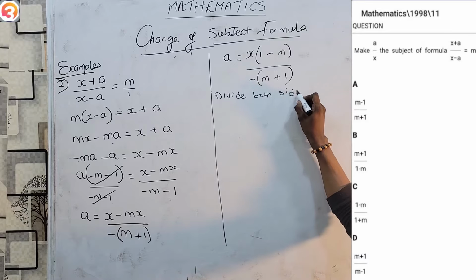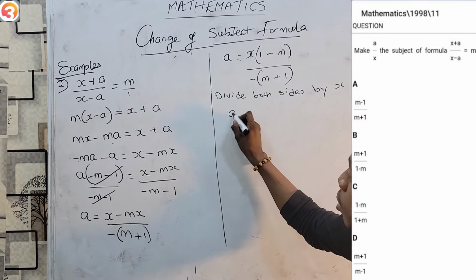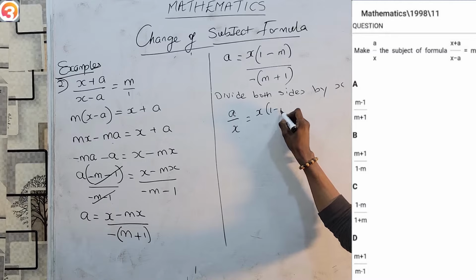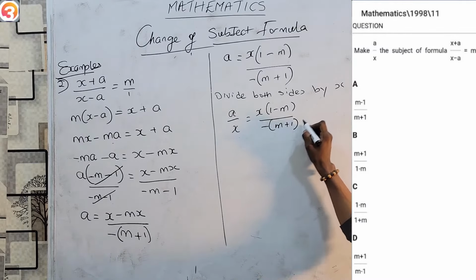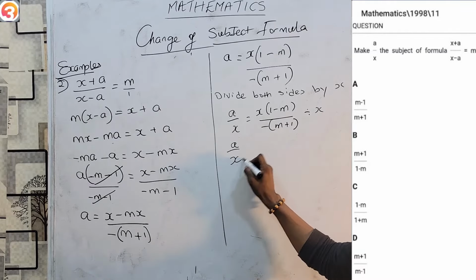Remember, in your exam, OBJ, you don't have to write this. This is just so I can see what I'm doing. Divide both sides by x. So a over x equals x into 1 minus m over minus m plus 1, divided by x. Now, quite simply, if I'm dividing both sides by x, write it properly.